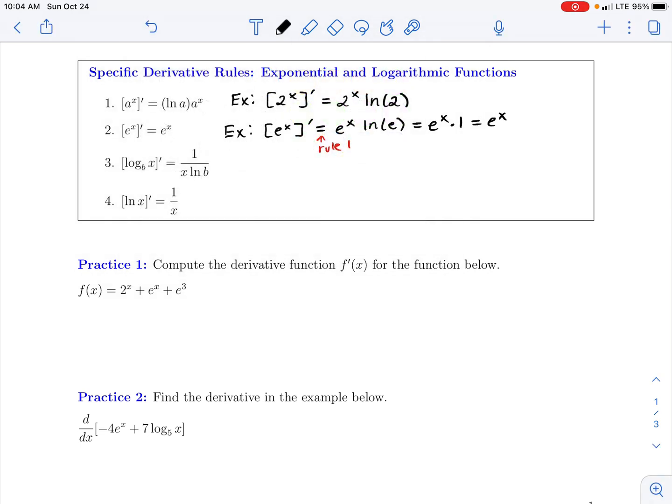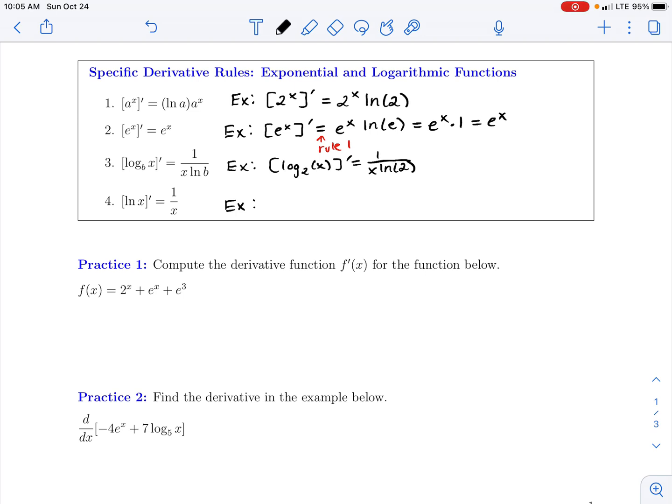Rule 3 tells you how to take the derivative of logarithmic functions. If you have log base b of x, the derivative is 1 over x times ln of your base. Given an actual example, the derivative of log base 2 of x is equal to 1 over x times ln of 2. Rule 4 is a specific rule for the natural log of x.